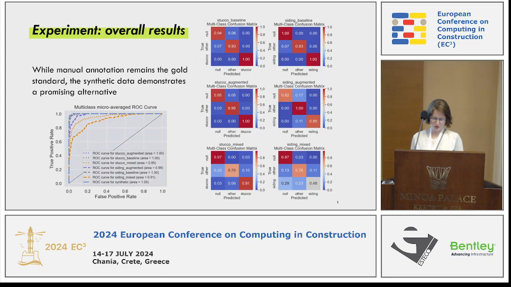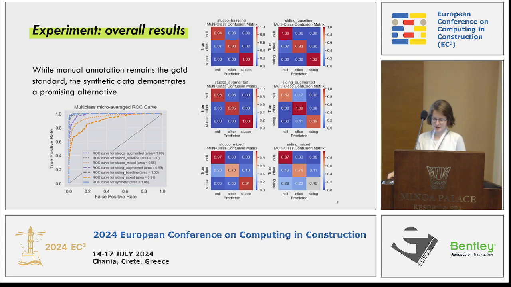So the overall result is that while manual annotation remains the gold standard, the synthetic data demonstrates a promising alternative. The first graph is an ROC curve, which shows the black line that goes through the diagonal. It represents a random classifier.